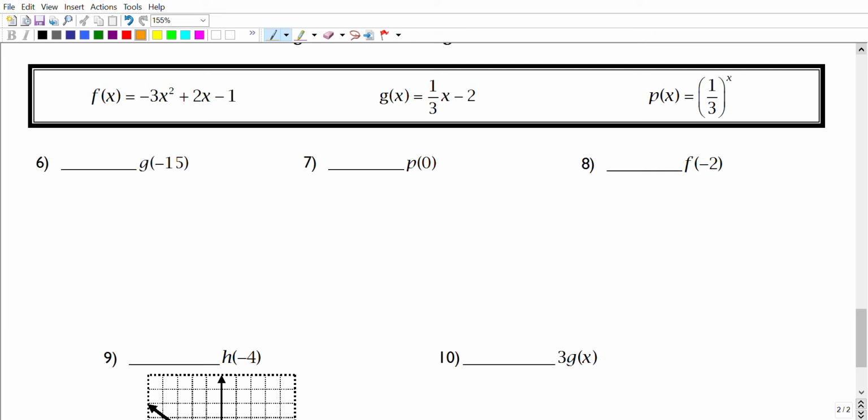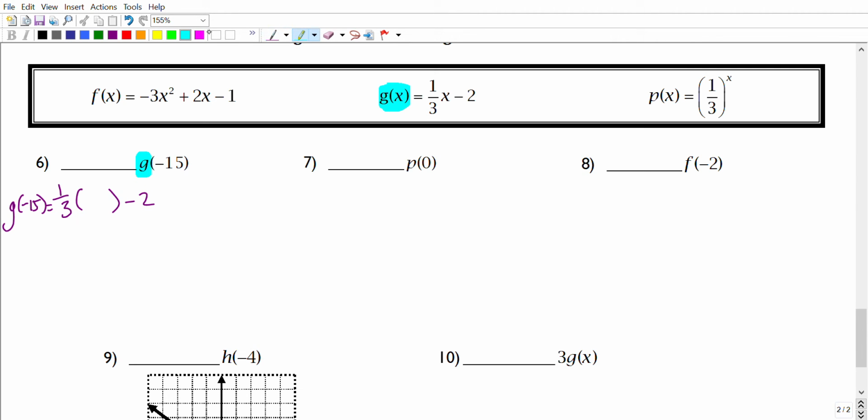So the first one here, I'm going to highlight, is a G. That means I'm using the function G. Now let's go ahead and write, but instead of X, I'm actually going to leave it blank. So 1/3 blank minus 2.